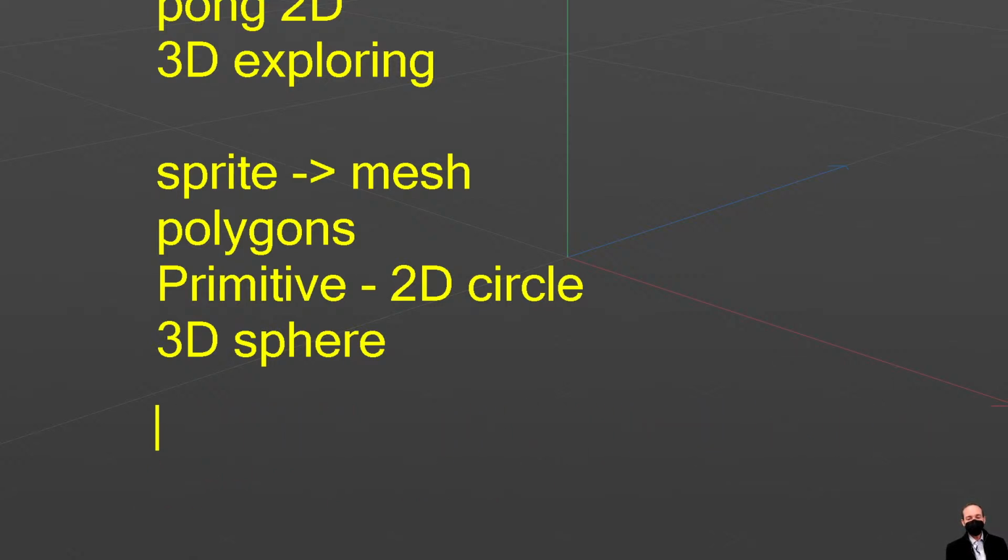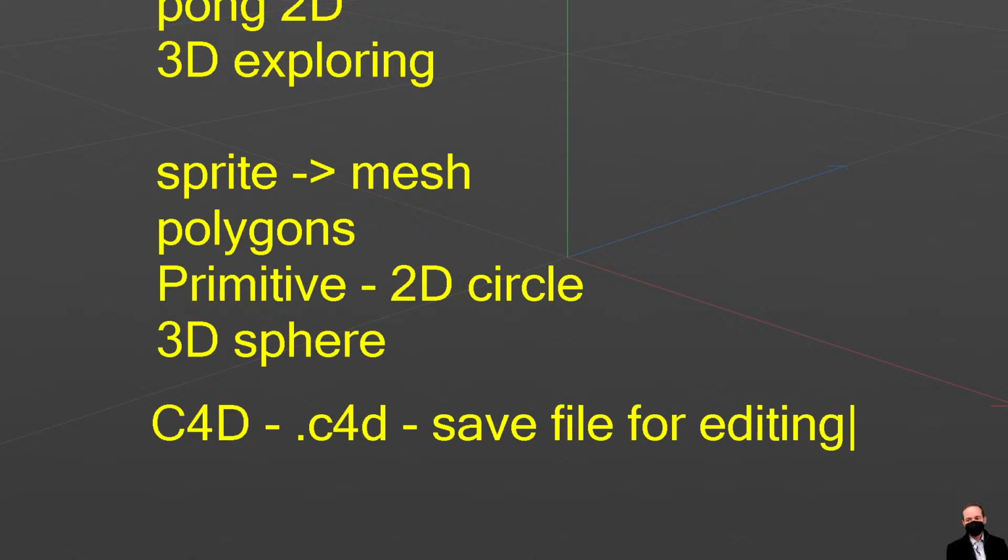Here, like I said, our basic unit of visual thing goes from sprite to mesh. And so in Cinema 4D, we can make meshes, right? Now, when you save a Cinema 4D file, you get a .c4d. This is particular to Cinema 4D. We'll need to save that. But that's not what we'll bring into Unity. Just like in Illustrator, you all saved your .ai files so that you could go back and edit them if you wanted to.